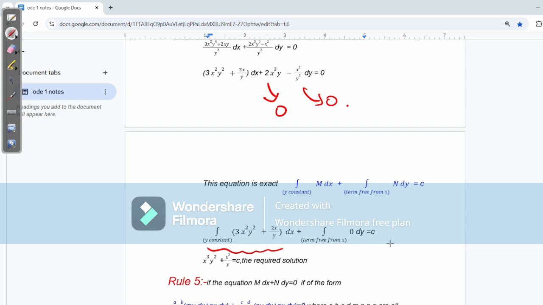So the integration of 3x square is x cube, so the 3 gets cancelled out, plus 2 into x square by 2, which is x square by y, so x cube y square plus x square by y. This is the required solution which has been formed here.